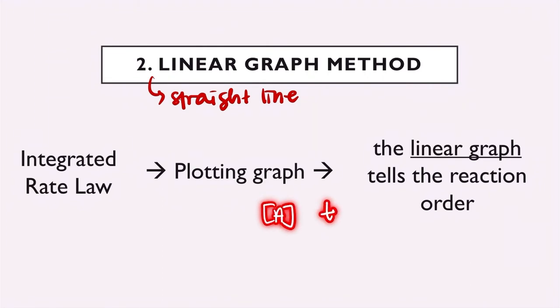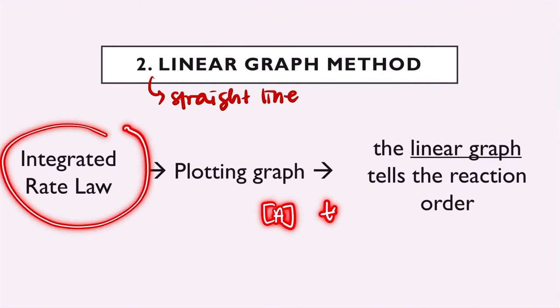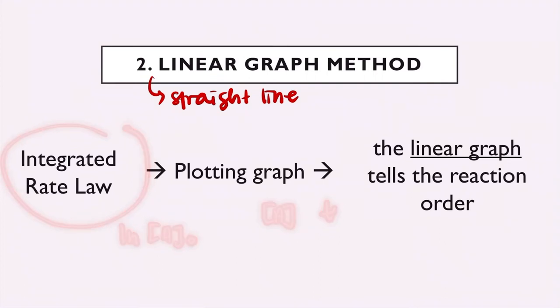So depending on your order of reaction, whether awak ada ln ke, ln A naught ke, atau 1 over A naught ke, any, when you plot, ini trial and error for each of the integrated rate law. When you find a linear graph, then that will be the reaction order.